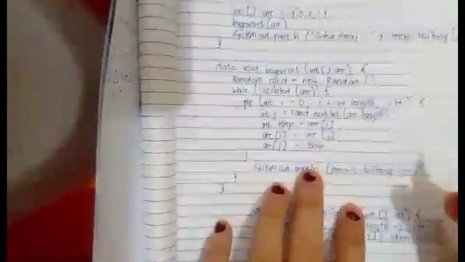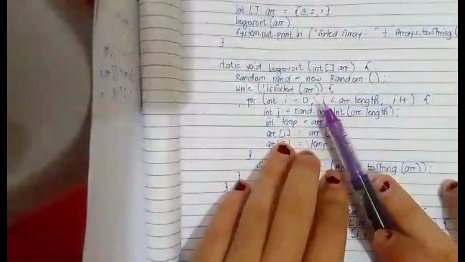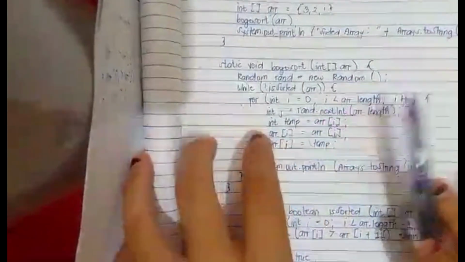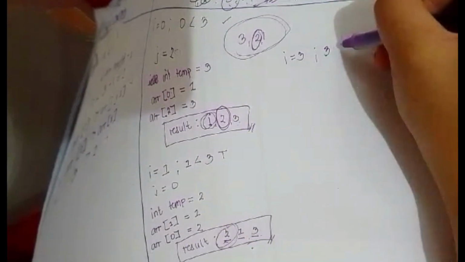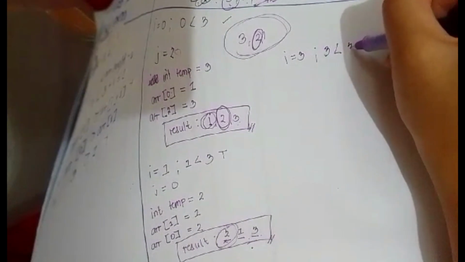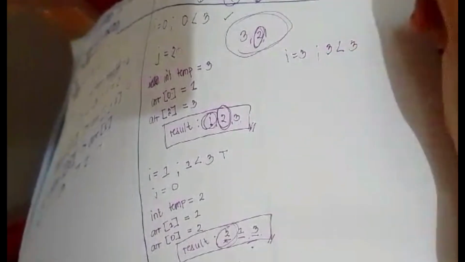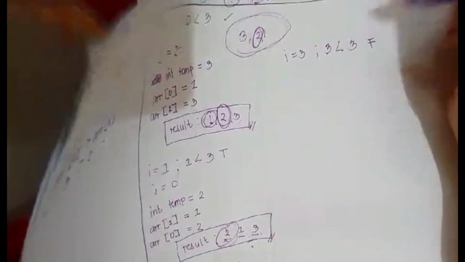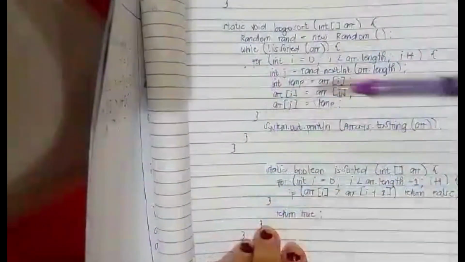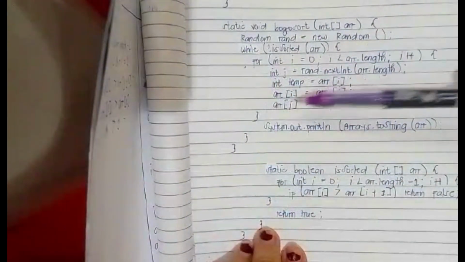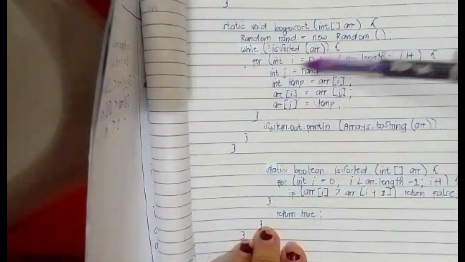Then, ang iyang condition nga I is less than array length. I na to is 3. Ang array length po na 3. So, 3 is less than 3. So, mag-false naman ta. So, since ang false na ta, di na ta mo-proceed. So, ma-exit na ta ani nga loop.